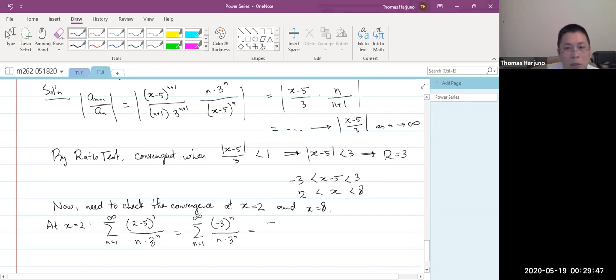So this is an alternating harmonic series, which is convergent.